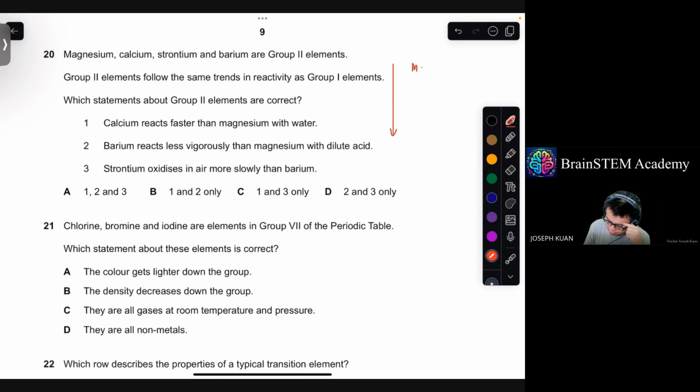So magnesium, calcium, if I'm not mistaken, strontium, the short form is ST, and BA. Oh, SR, my bad. Right? So let's see. We know that among group 1 elements, the reactivity increases down the group.